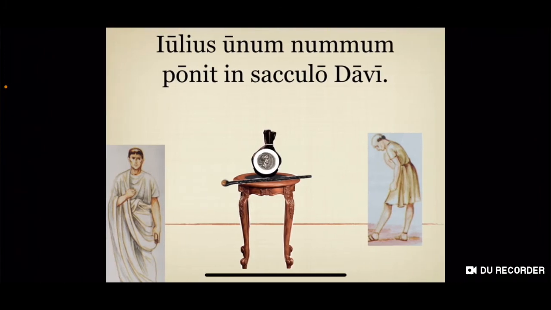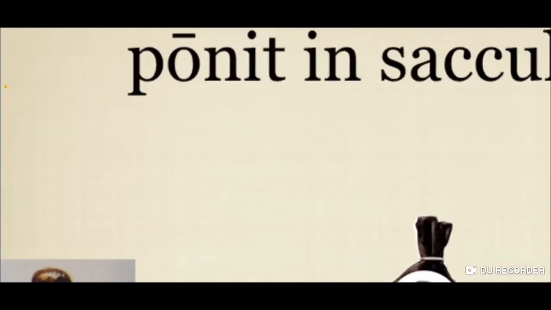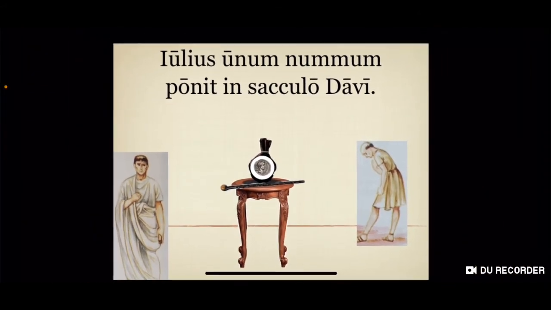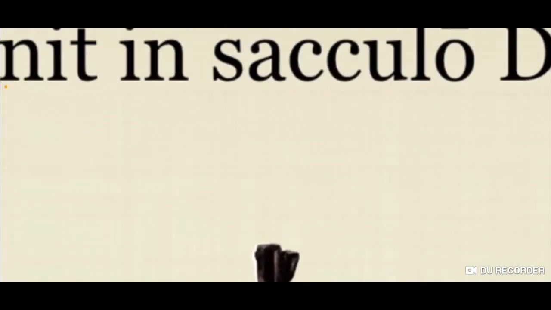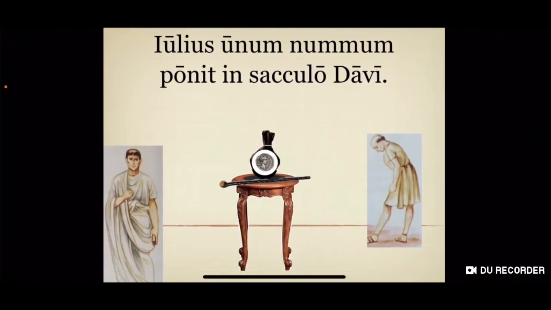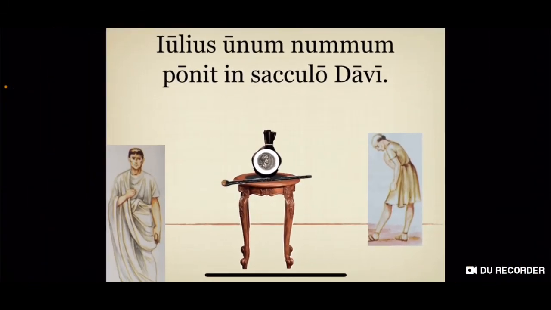Julius unum numum ponit in saculo Davi. Julius puts, ponit, unum numum, one coin, in saculo, in the sack, Davi, of Davus.